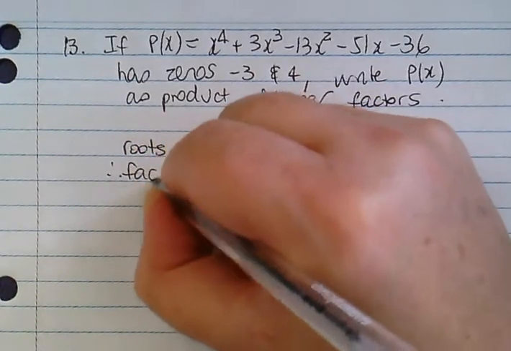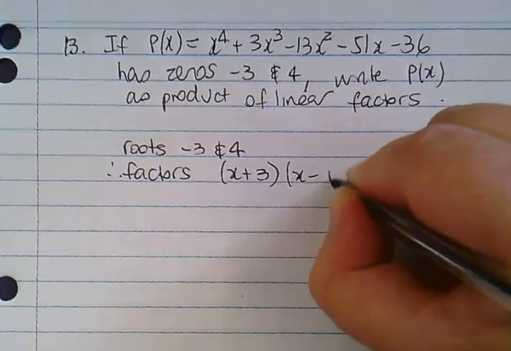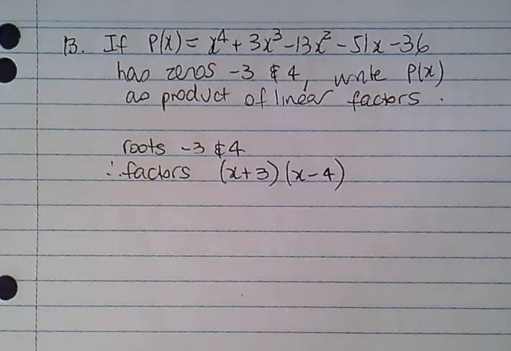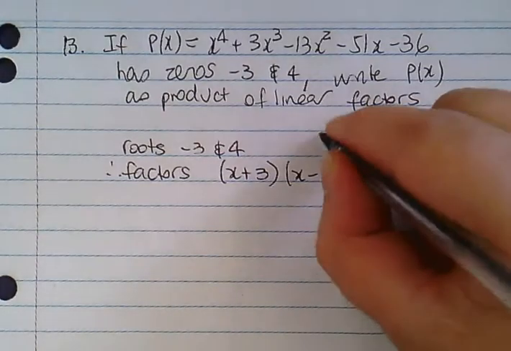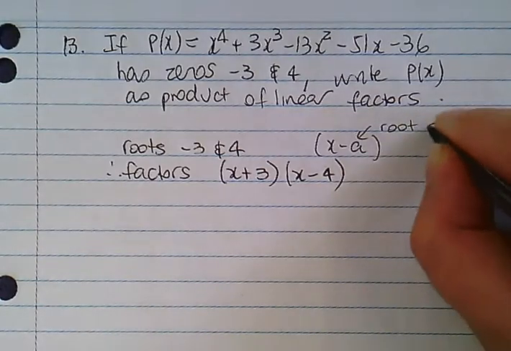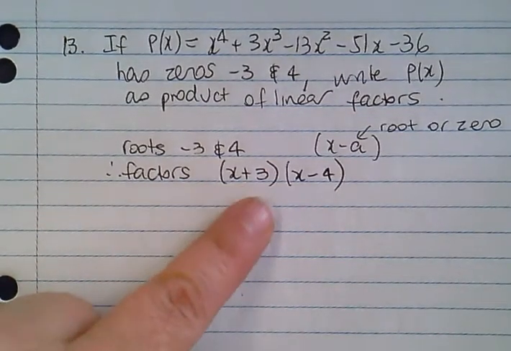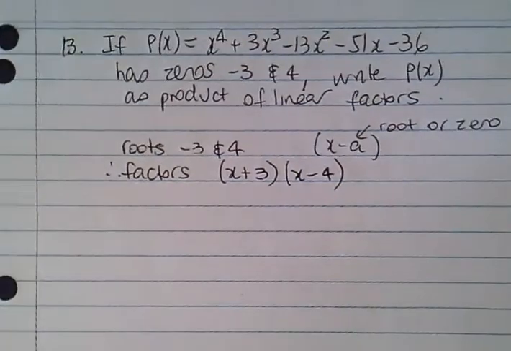Therefore it's got factors of x plus 3, x minus 4, because you do x minus a, where a is the root or the zero. That's what the factor is. So it's x minus negative 3, x minus 4.